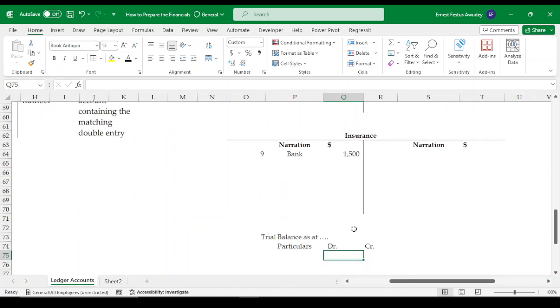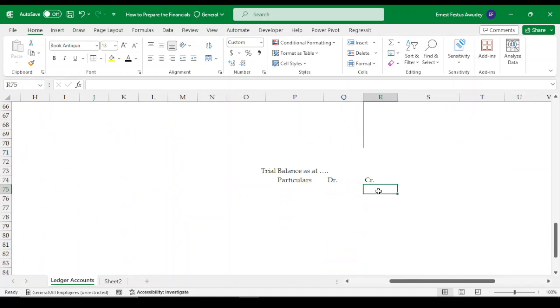Okay, so the amounts you are going to be seeing under these two columns, which is the debit and the credit, are going to be the balances brought down. The balances that we have brought down. Okay, so first of all, let's go. We have equity. We are going to list all the accounts we have opened.